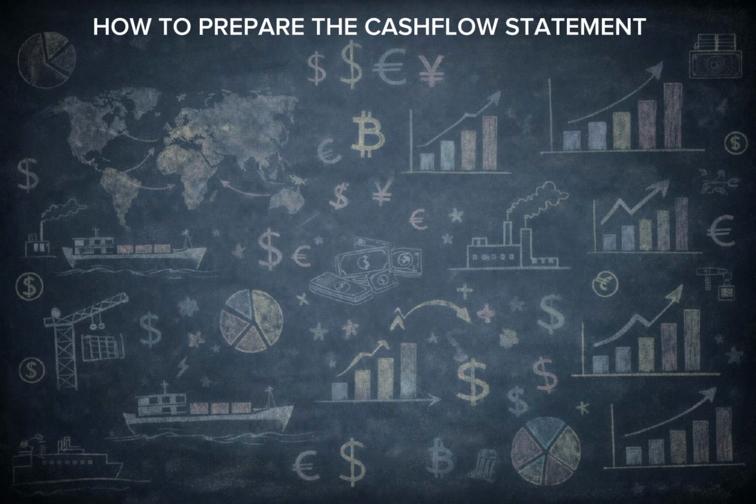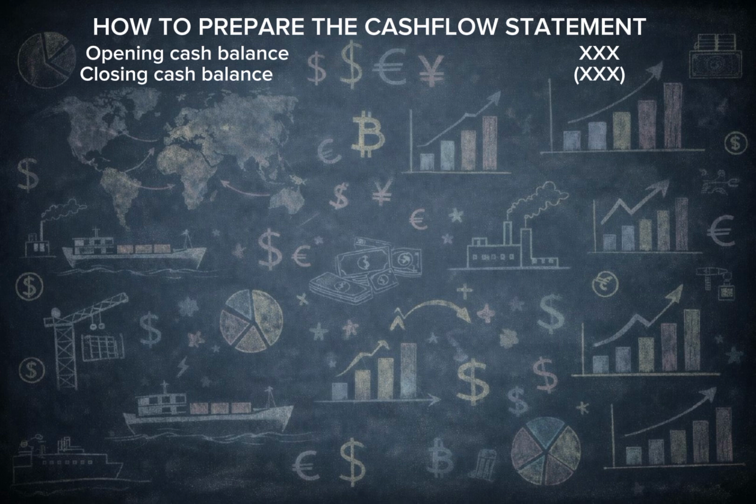When preparing the cash flow statement, we start by comparing the opening cash balance against the closing cash balance, and the difference shows either an increase or a decrease in cash for that accounting period. And we can get this cash balance information from the comparative statement of financial position.